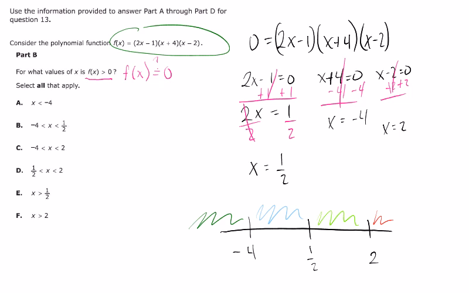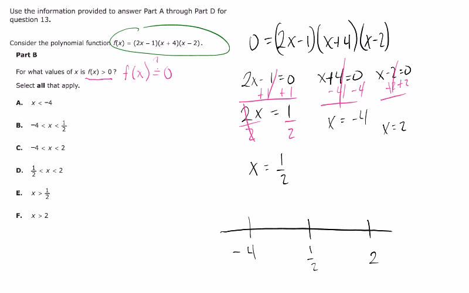And I'll see if f of x is positive or negative in those intervals. Because it has to be one or the other, because I know these places that we found are the places where f of x equals 0.